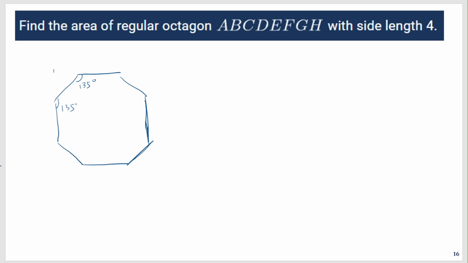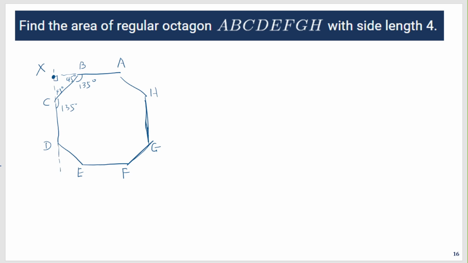So if you extend the two sides, let's call these points A, B, C, D, E, F, G, H. If you extend AB and DC, they'll meet somewhere here. Let's call this point X. So we know this angle is 45 degrees. This angle is 45 degrees, and this is a right angle, right?